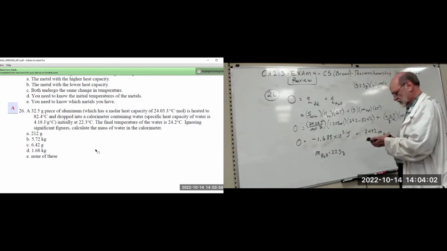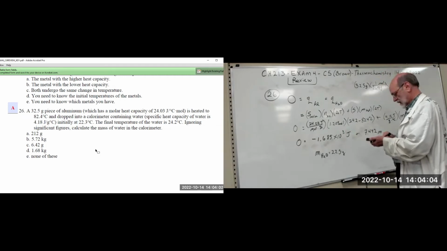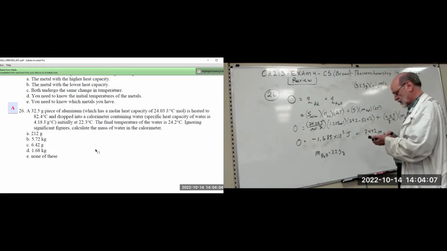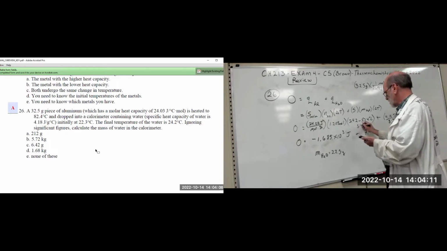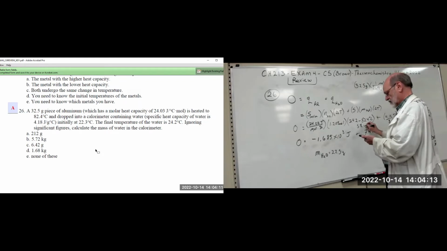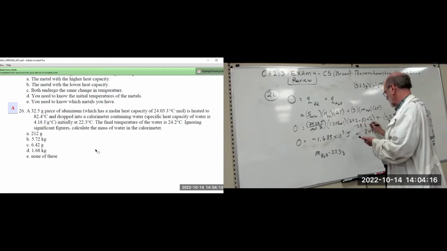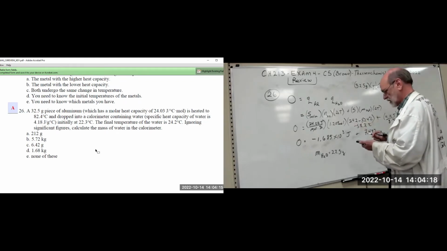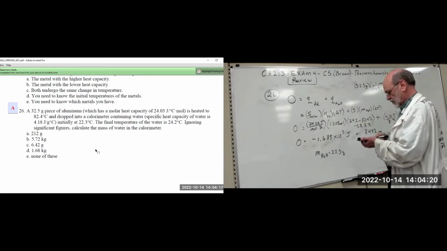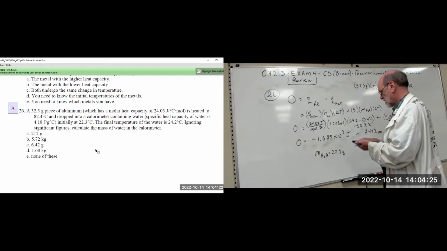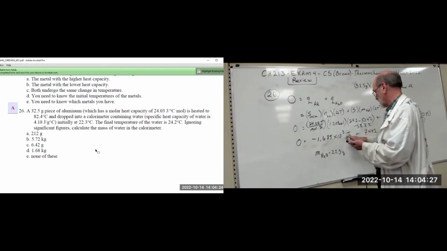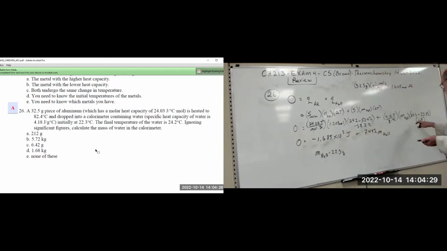How about this one? 24.2 and then 82.4. So that's negative 58.2 degrees C, times 1.205 times 24.03, 1.685 times 10 to the third. That's right. How about this one? Is that 1.9? Yeah, that's 1.9.